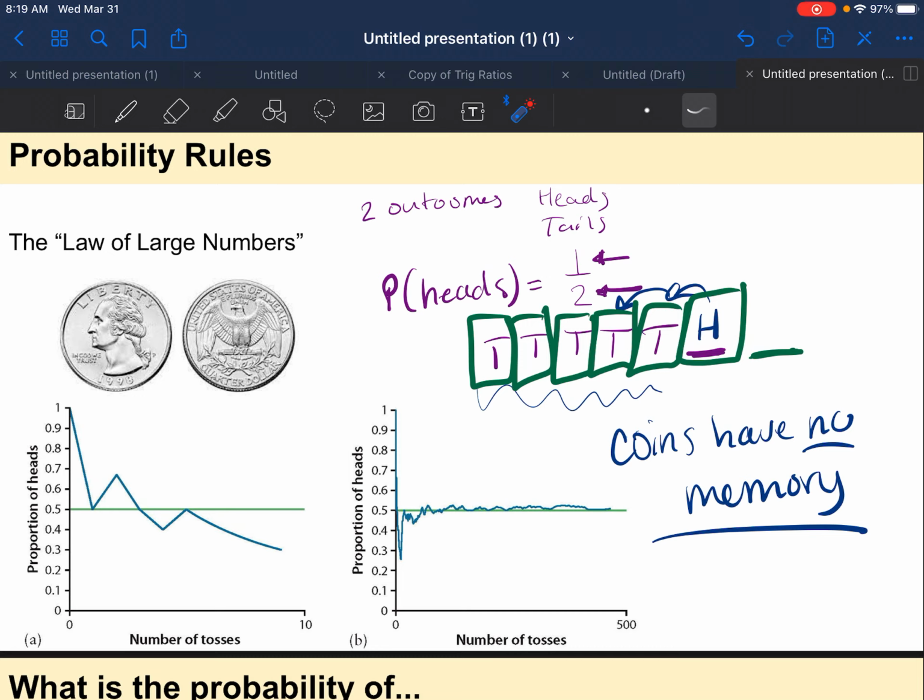Here we have only 10 trials, but here we have 500. Over the course of 500 trials, it is going to even out to be about 50% heads and 50% tails. This is called the law of large numbers. It is going to reach its true probability the more often that you do it.